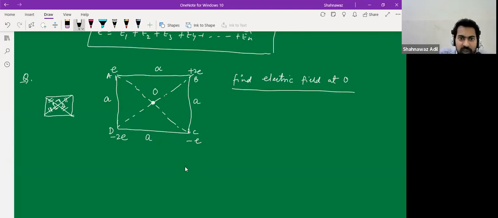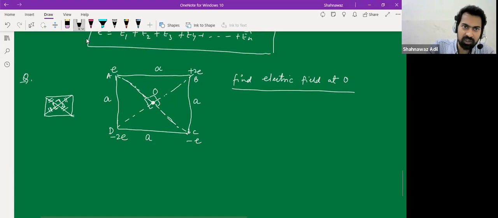Okay, Aisha. So due to this charge, what will be the direction of the electric field? Yes, so along AC, right?